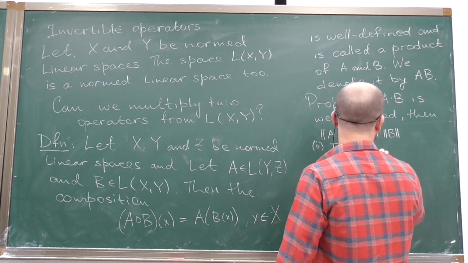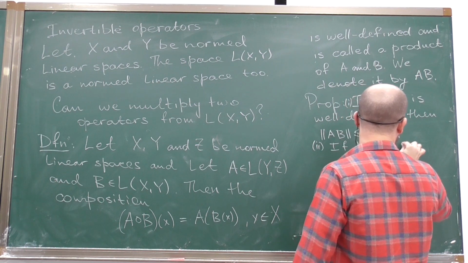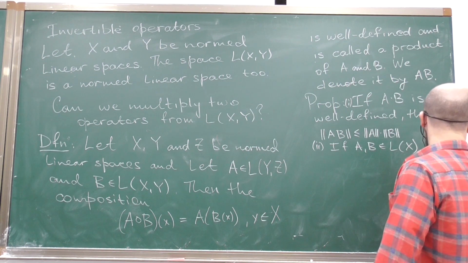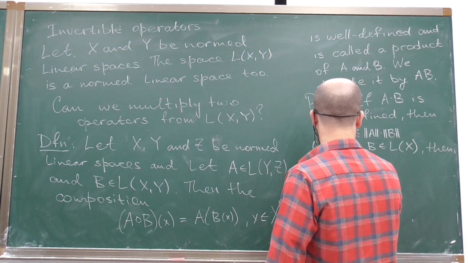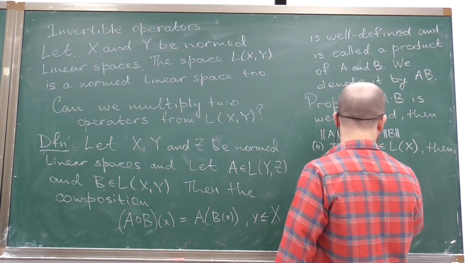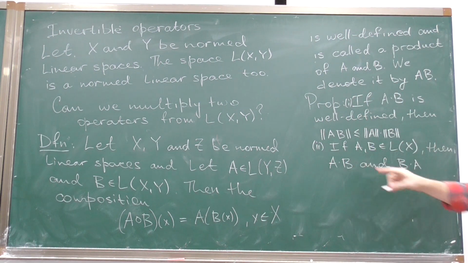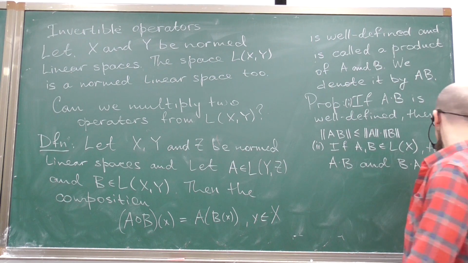If A and B are bounded linear operators on the same space, then their product is defined. Moreover, both AB and BA are defined.